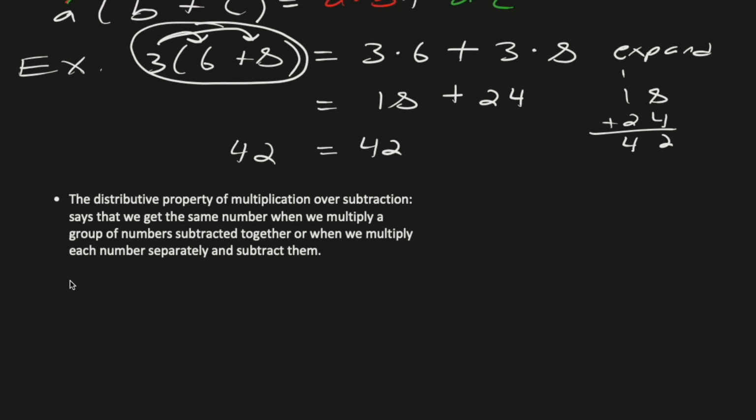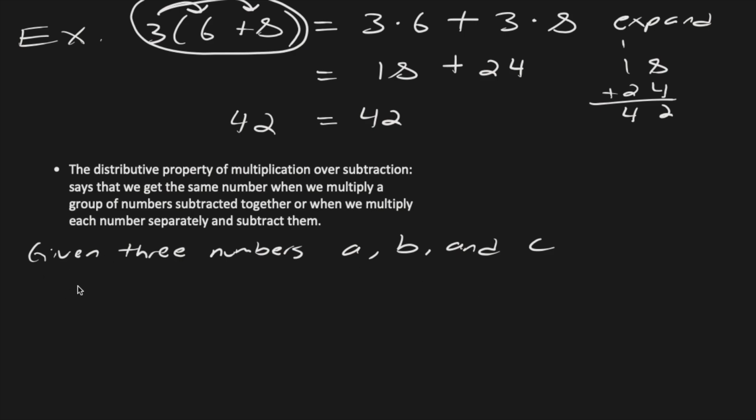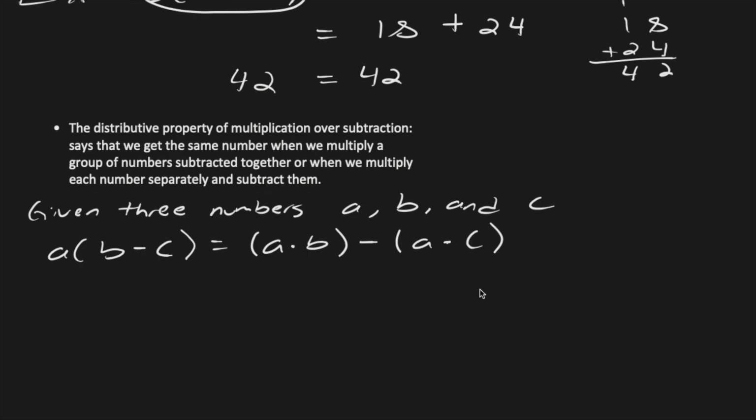So an example of this law is, given 3 numbers, A, B, and C, the property looks like this. A, open parentheses, B minus C, close parentheses, is equal to A times B minus A times C. Why?